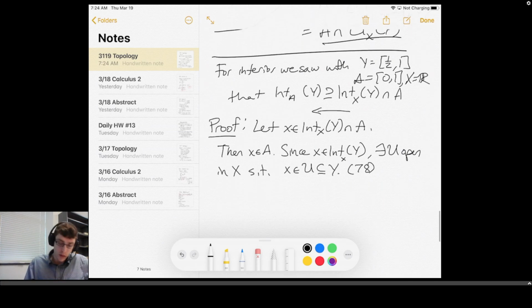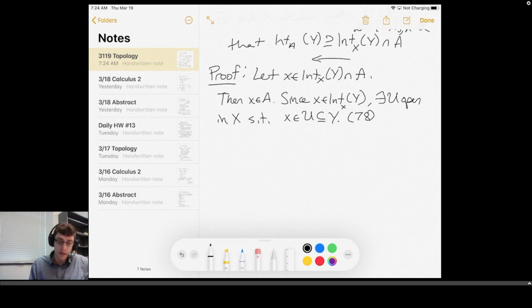And if we have this open set, what are we trying to show? We're trying to show that it's in the interior of Y in A. So we need an open set in A containing X that's also contained in Y. Well, what do you think we do? We just intersect this guy with A. We already have an open set. That's how we get open sets for A. And we're good.